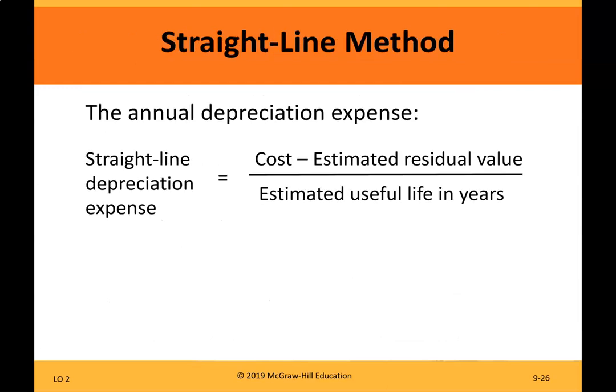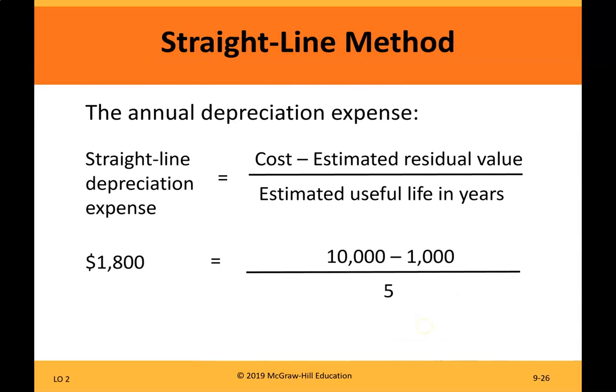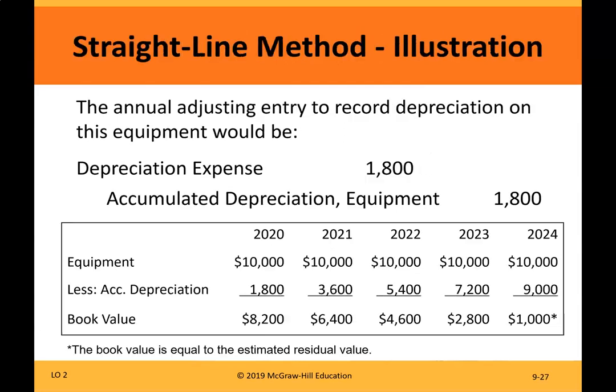Straight line method. The annual depreciation expense equals $1,800. So that's the $10,000 minus $1,000 divided by 5. The annual adjusting entry to record depreciation to this equipment would be debit depreciation expense $1,800 and credit accumulated depreciation, equipment $1,800.